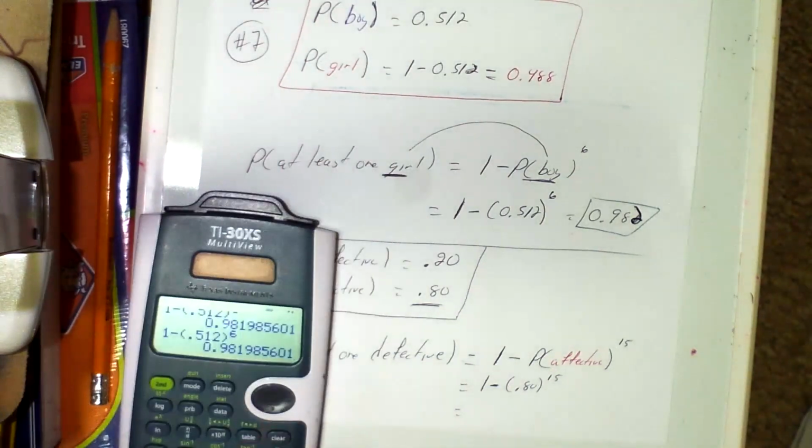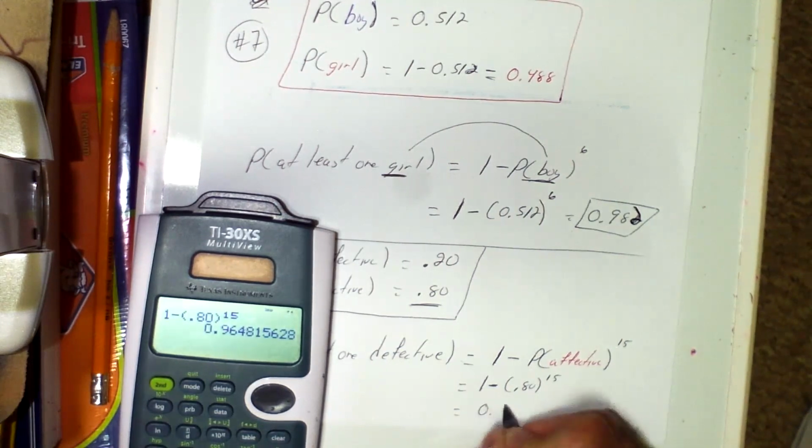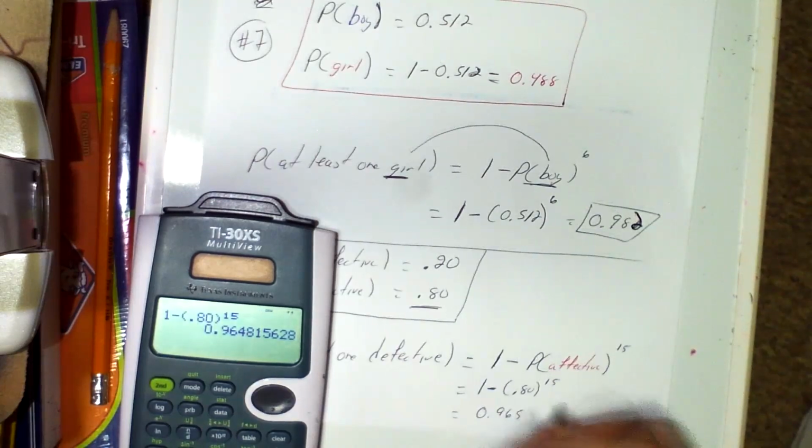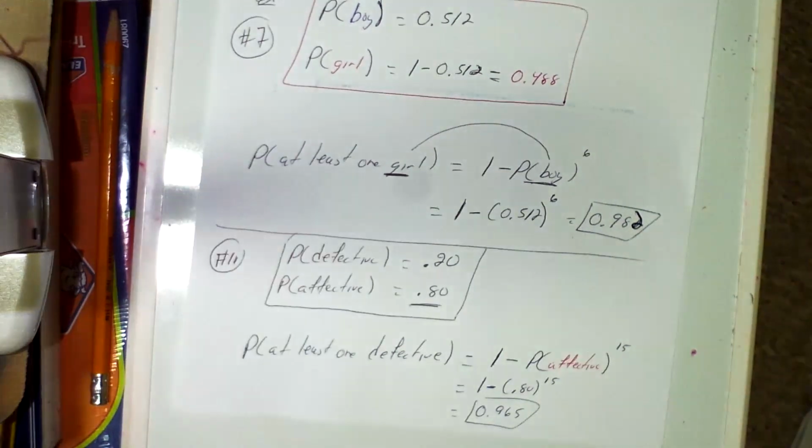So 1 minus parentheses 0.80 raised to the 15 gives 0.965. You can check it to see if it is correct. All right, excellent.